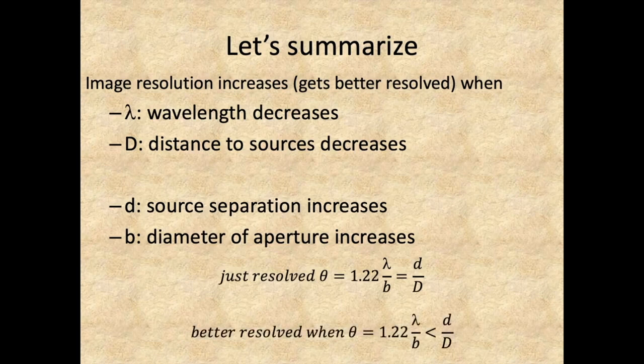And to summarize, the resolution angle is given as 1.22 lambda over b. When this ratio is equal to the ratio of the source separation to the distance to the sources, that's what we call a just resolved image. The image gets better resolved when the ratio on the left becomes smaller than the ratio on the right.